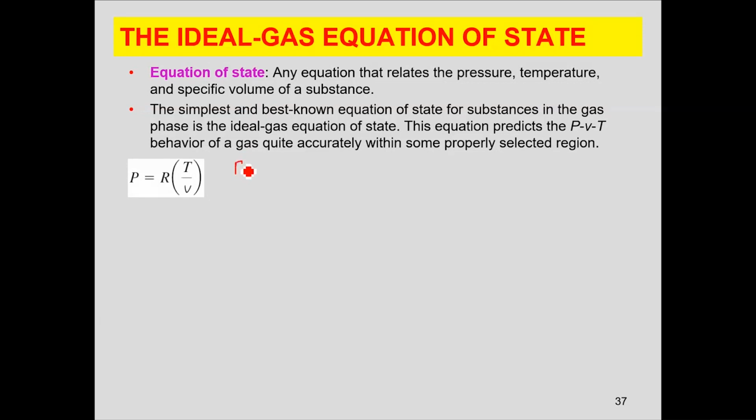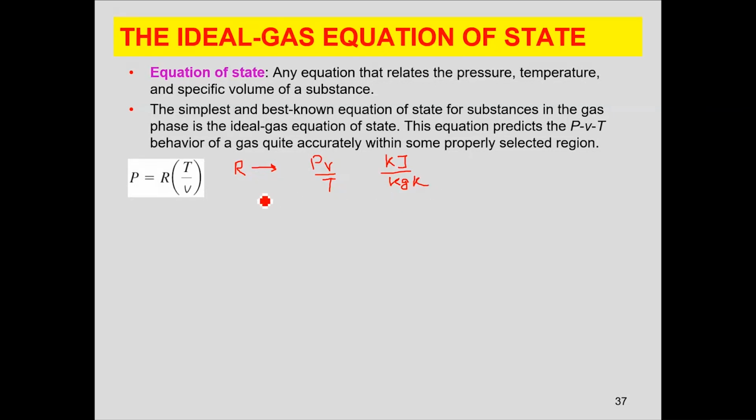If we look at the units of R, if I make R the subject of the formula, I'll have P into specific volume divided by the temperature. P into specific volume is kilojoules per kg. You already know that. And temperature is in Kelvin.